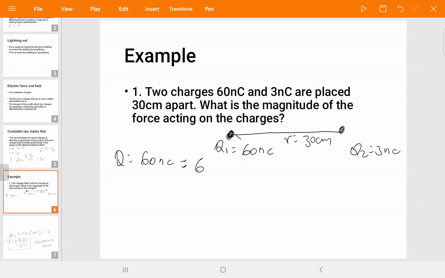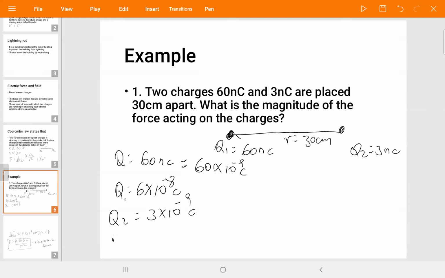Then 60 times 10 raised to minus 9 coulomb, or we are left with 6 times 10 raised to minus 8 coulomb. This one is charge 1. In a similar way, charge 2 will be 3 times 10 raised to minus 9 coulomb.